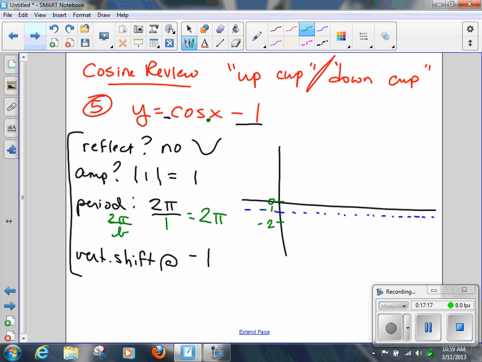Nope, I sure don't, and I hope you know why. Reflect. Where is my curve going to start? At 1 above. It's going to start and end at that 1 above value, won't it? Okay? It's an up cup, so I'm going to go 1 below for my minimum value.